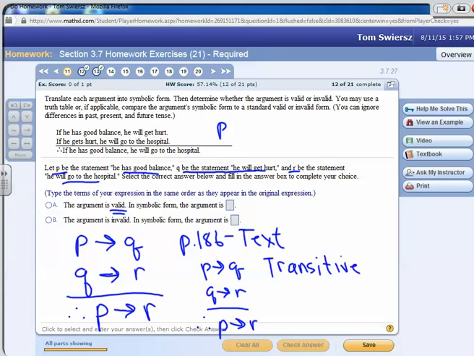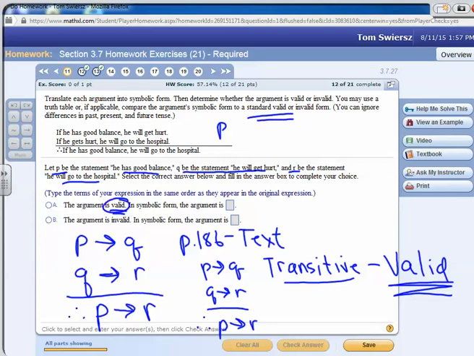It matches that form exactly, and that is one of the four valid forms. So we automatically know by matching it to a standard valid form that this argument is definitely valid.